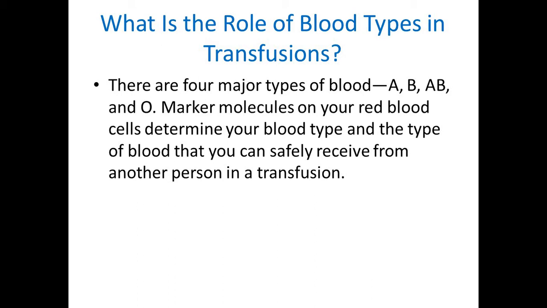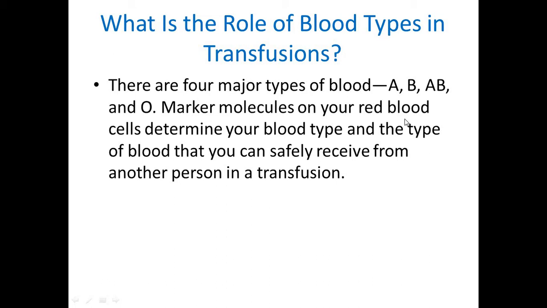The first one, we called it marker. This protein is found on the surface of the red blood cells. This marker or this protein determines the blood type and determines the type of blood that you can receive from a donor.